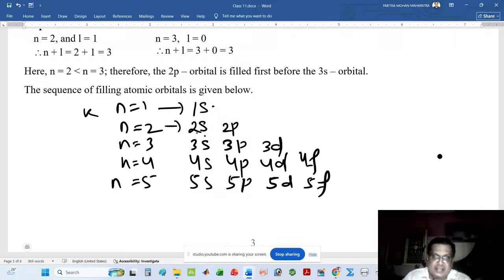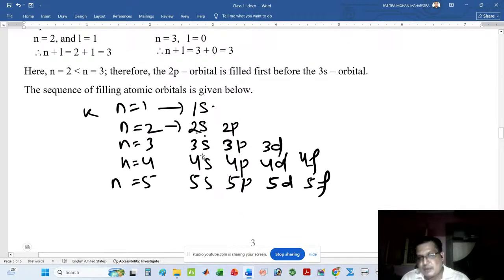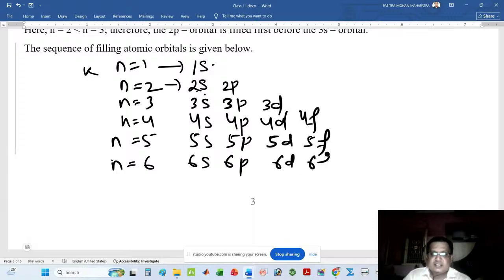You could also take other orbitals, but this is sufficient because no element will be found which will occur in the g orbital. So write only the terms up to f. If n is equal to 6, then you can write 6s, 6p, 6d, 6f.